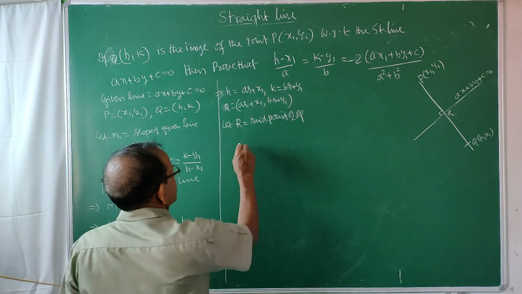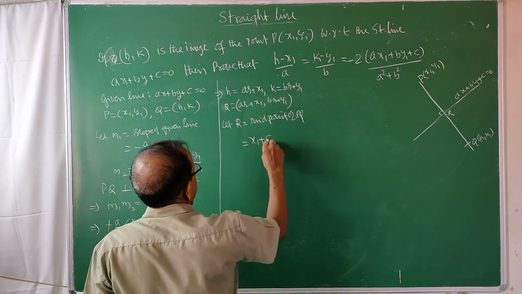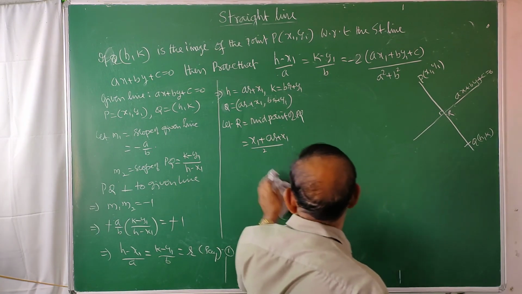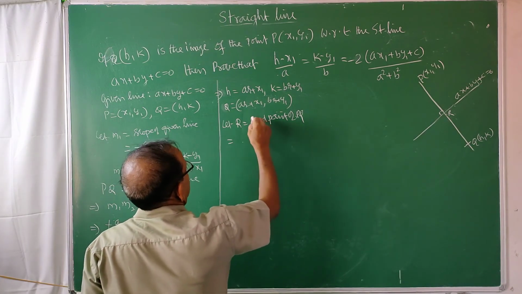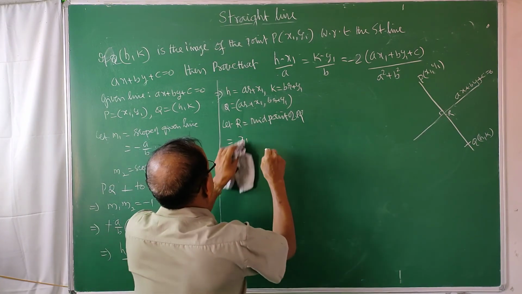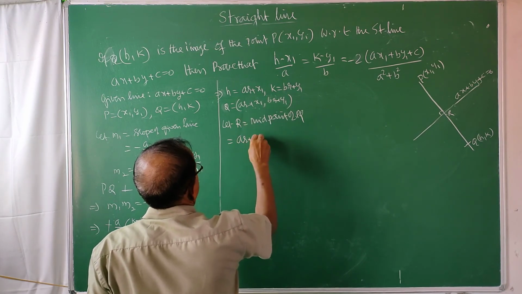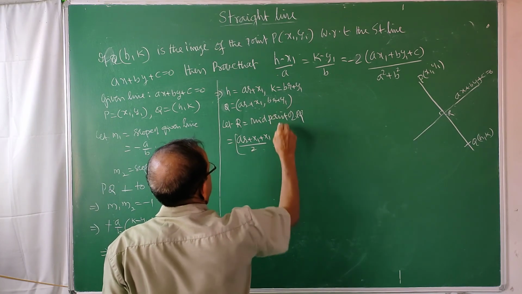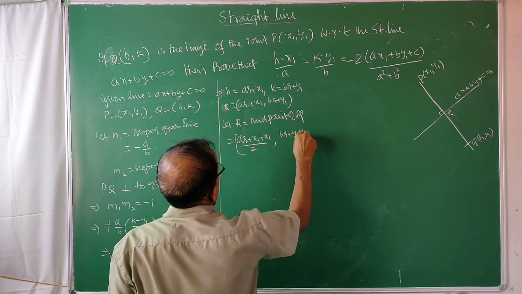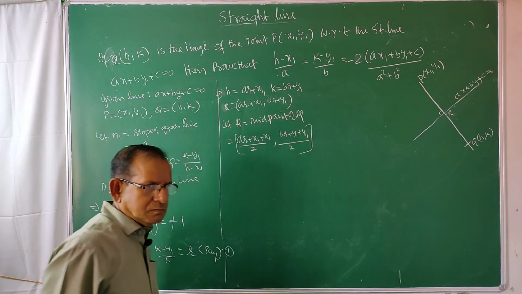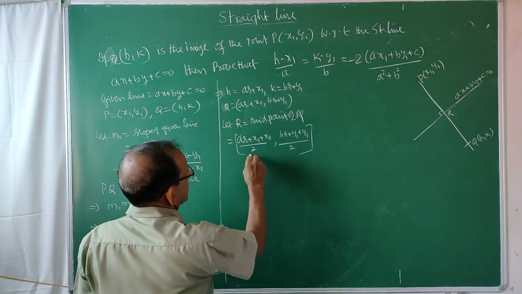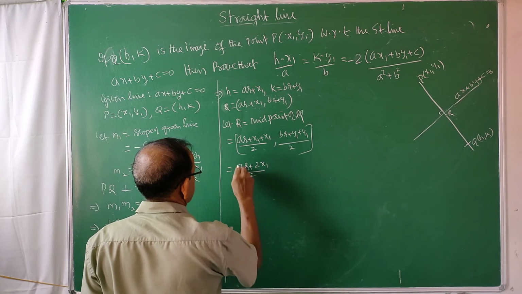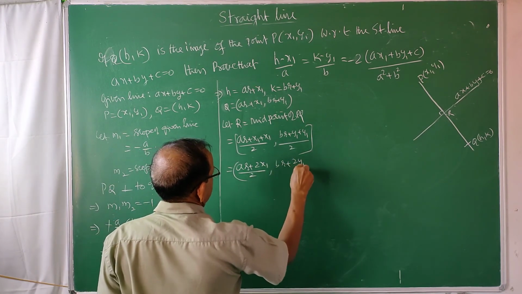That is x2 plus x1, AR plus x1 plus x1 by 2, and y1 or BR plus y1 plus y1 by 2. So that is midpoint, (AR plus 2x1 by 2, BR plus 2y1 by 2).